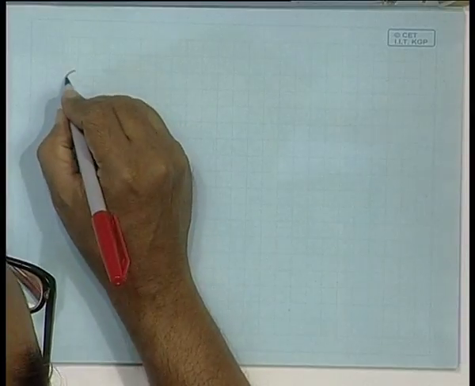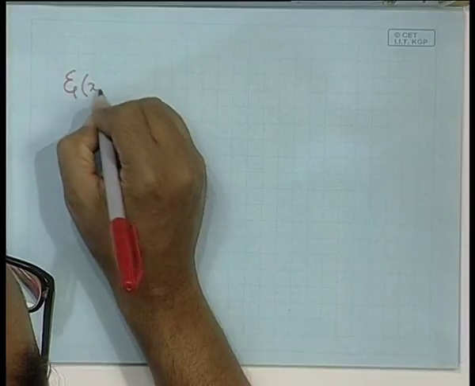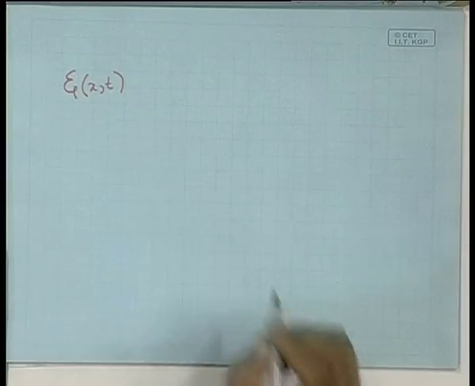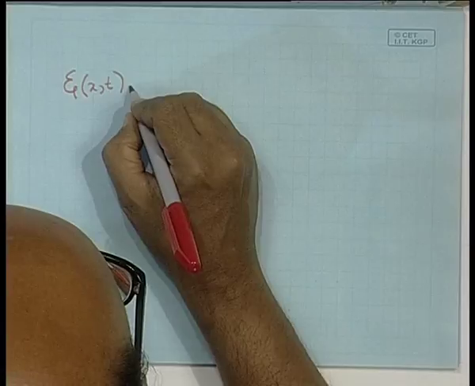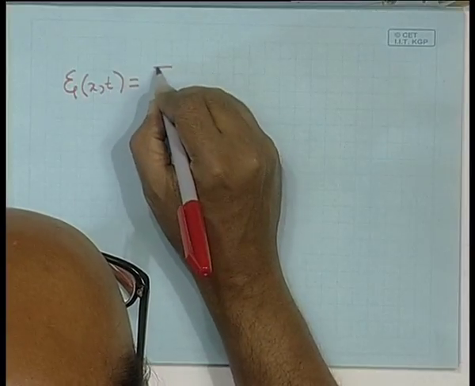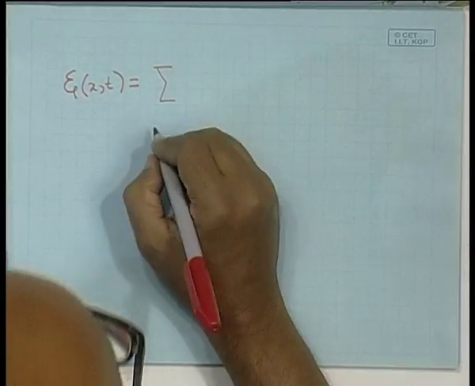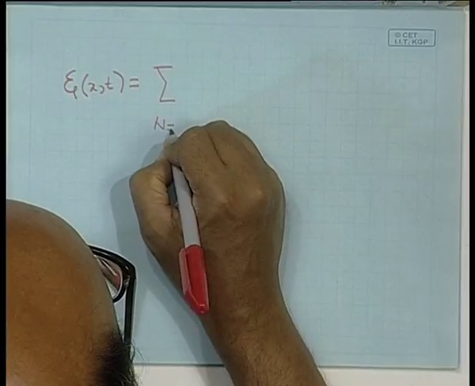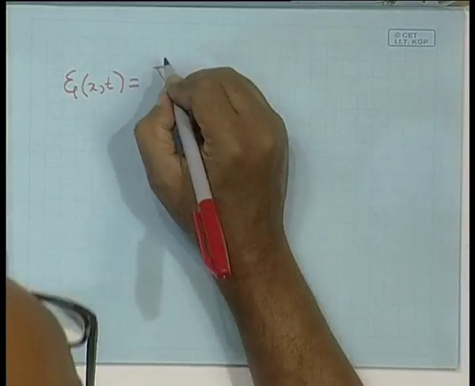Any arbitrary disturbance in the string can be decomposed as a superposition of standing waves with different values of the integer n.